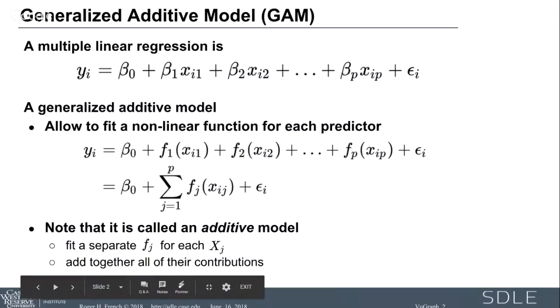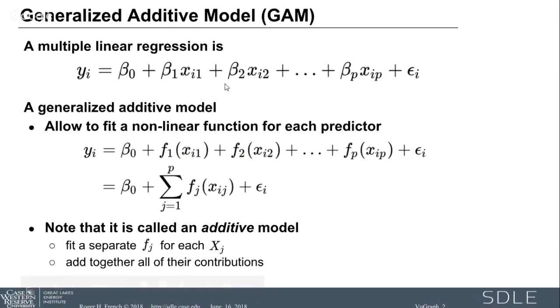I think you have learned about multiple linear regression on Tuesday, and here is the regression. Its equation will be like this, and we know the relationship between the response and the predictor is linear. In the generalized additive model, it can allow us to fit a nonlinear function for each predictor.